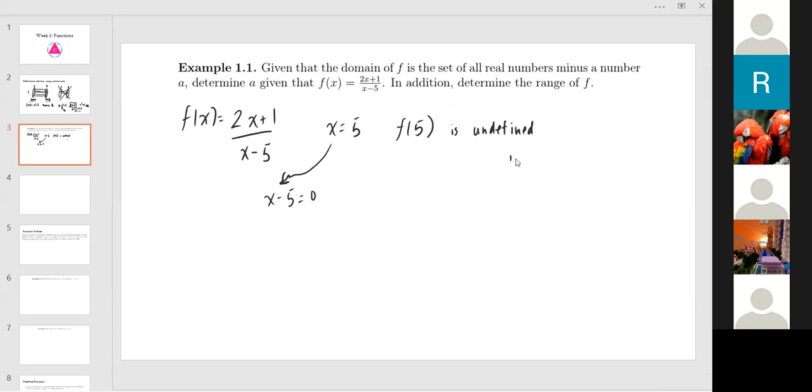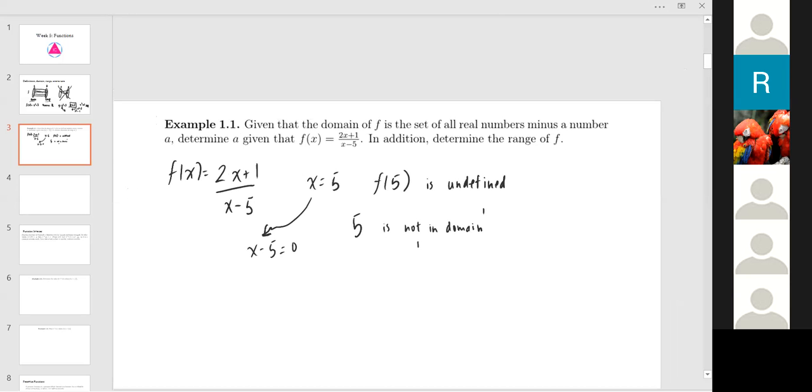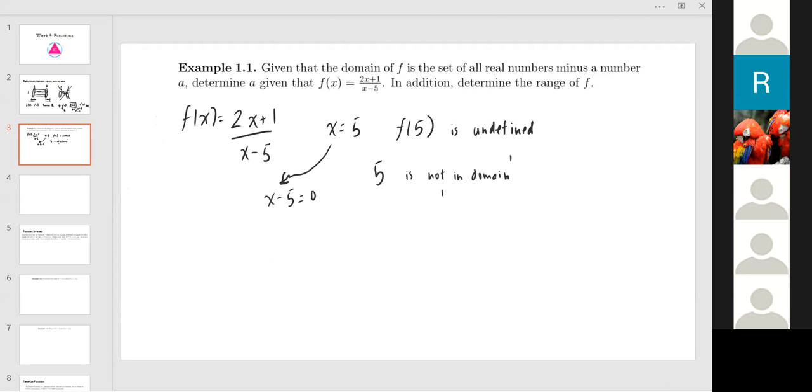This means that because it's undefined, when you plug in 5 into our function, well, we get an undefined number, which means that 5 cannot be in our domain. So this means that we get that a is equal to 5.